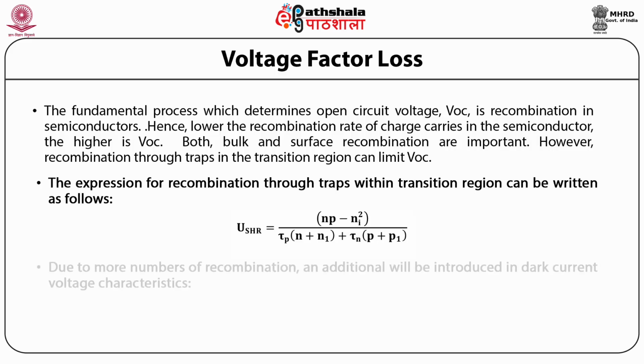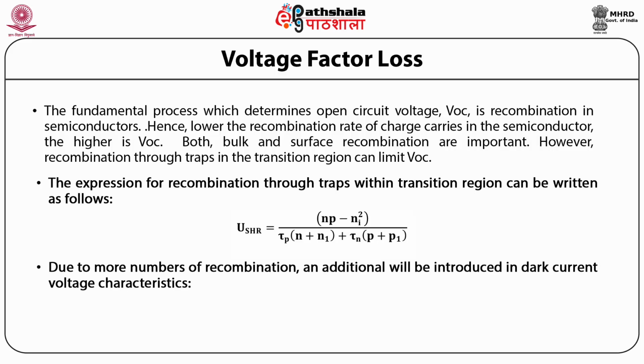However, due to more recombination, an additional term will be introduced in the dark current voltage characteristics as follows, that is I equals Is multiplied by (exponential qV by kT minus 1) plus I_W multiplied by (exponential qV by 2kT minus 1).